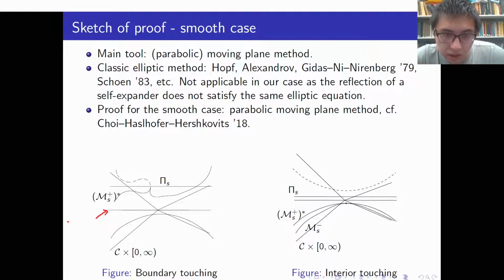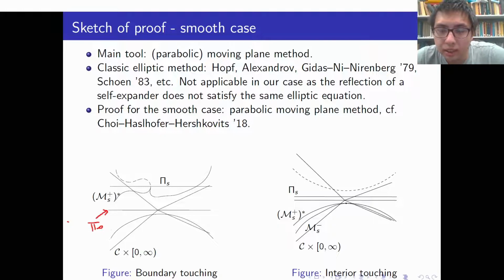So this is a hyperplane, let's call this pi 0, a given hyperplane that passes through the axis of symmetry, and you want to move your moving plane from, say, infinity all the way up to 0, and once you get to 0, you get your reflection symmetry.